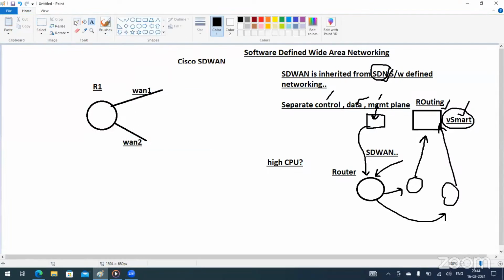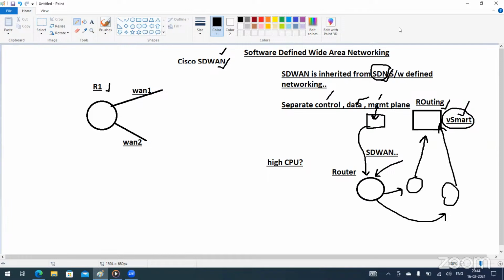Since we say SD-WAN, it is everything about the WAN network. The management plane component and the vSmart control plane component have visibility only till the WAN routers. They cannot do anything on any device behind the WAN router. That is why it is software defined wide area networking.